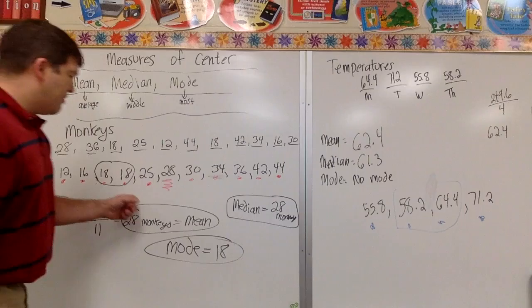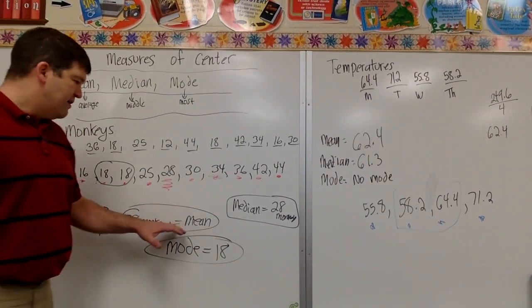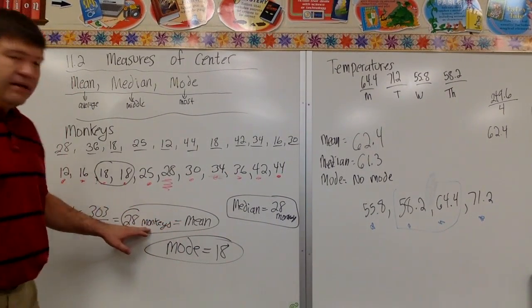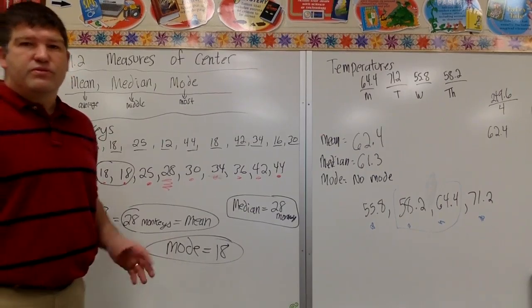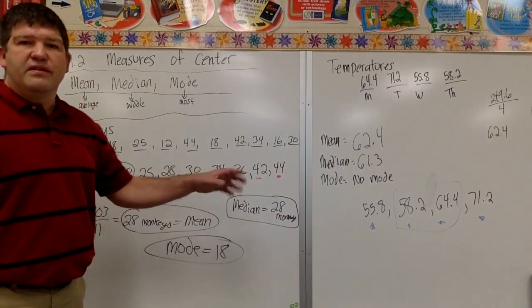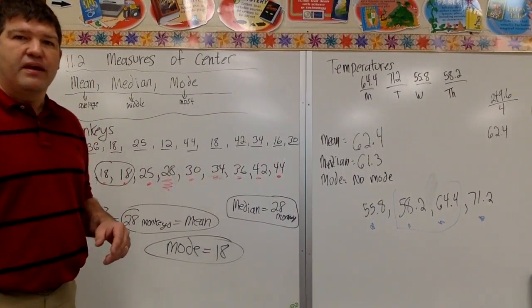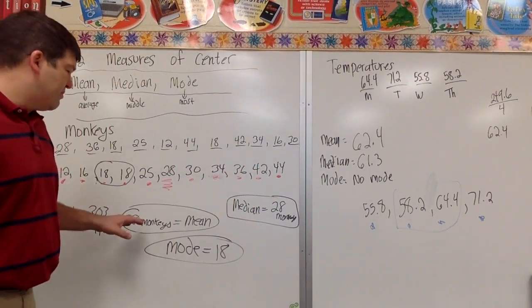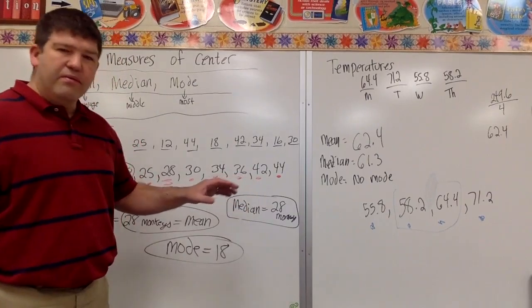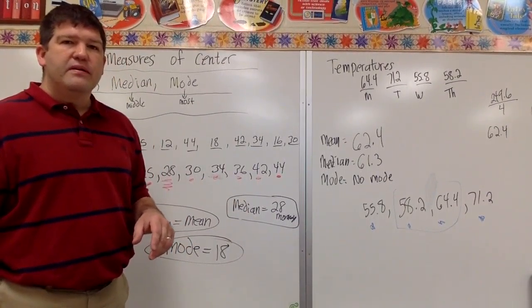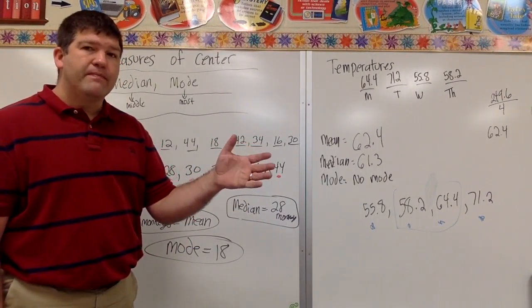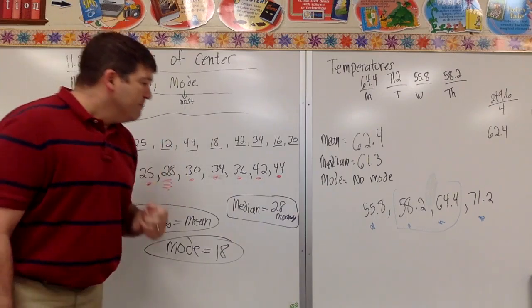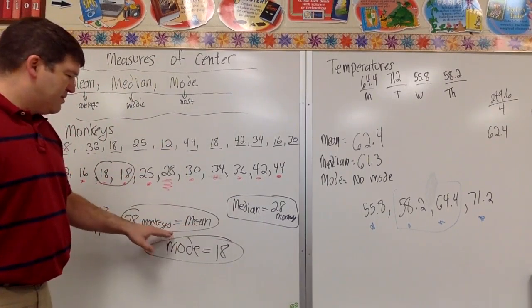What conclusions can I make with these monkeys? I can say that the average is 28 monkeys. Okay, so most zoos, at least within these 11, are going to have around 28. Some might have a few less, some might have a few more, but it's going to be around 28. The median, the middle number, is 28. That's kind of what's in the middle, similar to the mean.